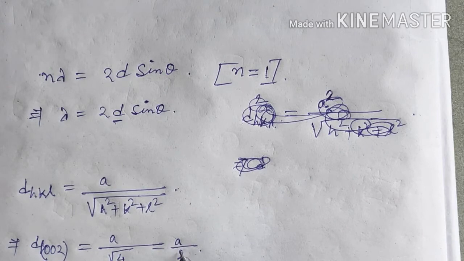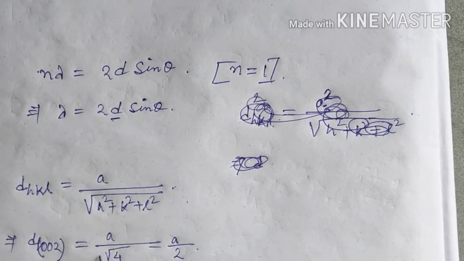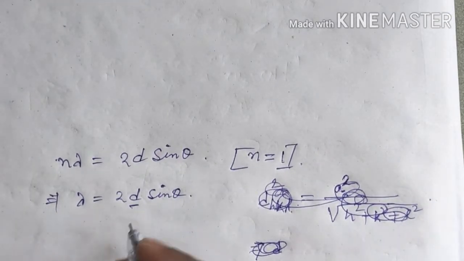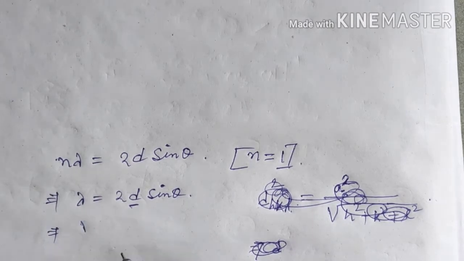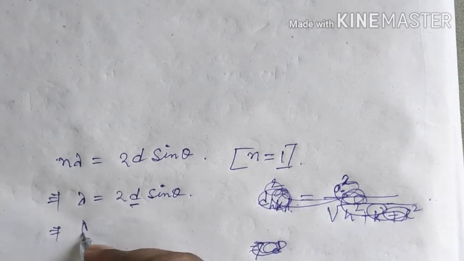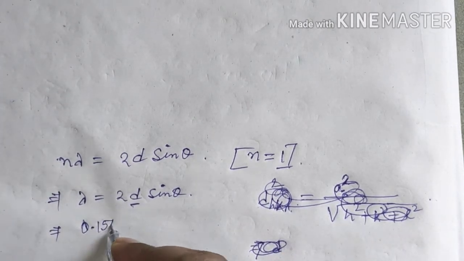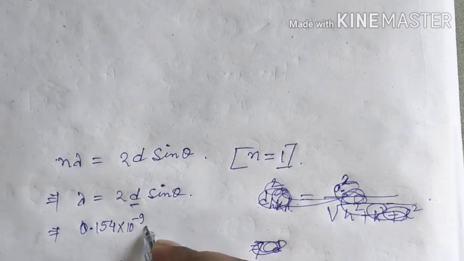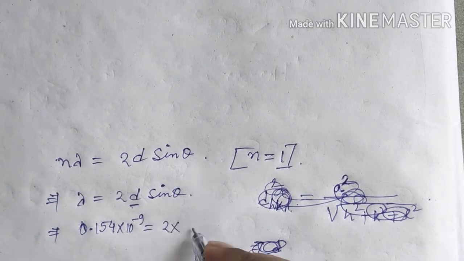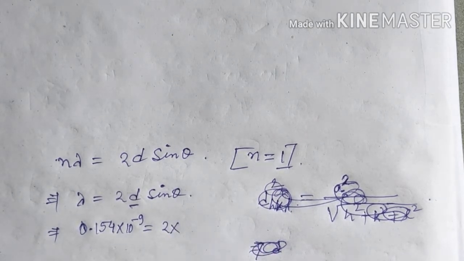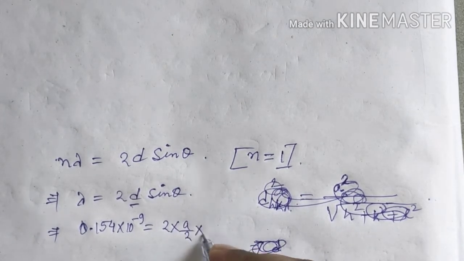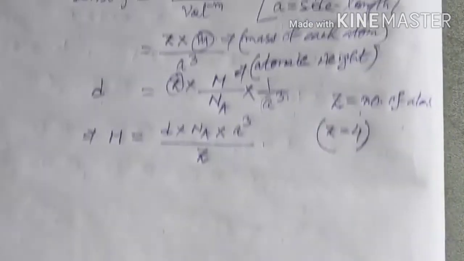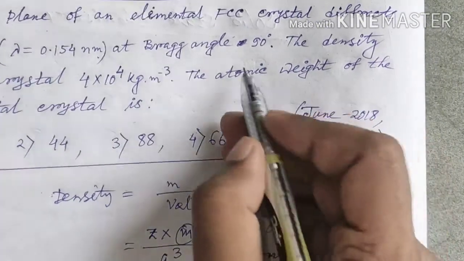Now if we substitute this value of d002 in the above equation, we get lambda, which is given as 0.154 nanometer, that is 10 to the minus 9 meter, equal to 2 into, in place of d we are substituting A by 2, into sine of the given value of theta, that is the Bragg angle, equal to 90 degree.